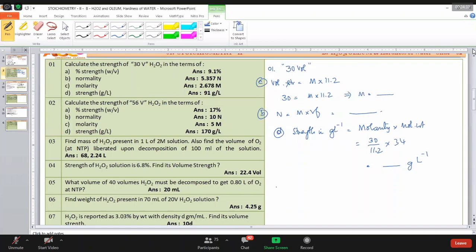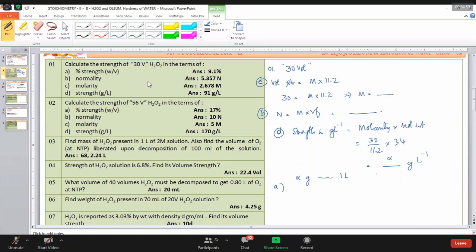What is A? A is weight by volume percentage. What is the meaning of that? How many grams in 100 ml? Okay. Now the question is, sir, we are having this one. What is the answer here? Sir, I got alpha as the answer. Alpha grams in 1 liter.